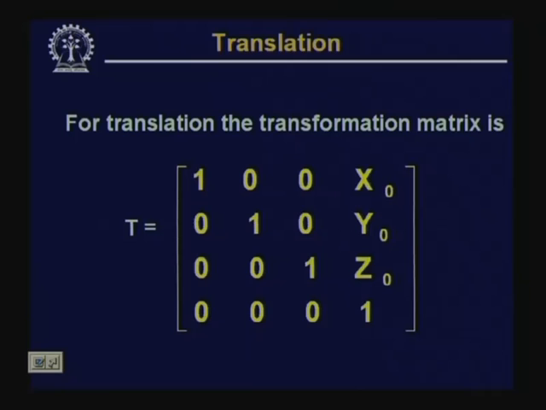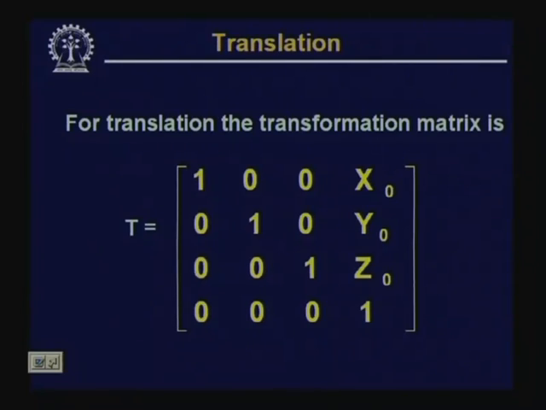This is the transformation matrix which is used for translating a point in 3D by the displacement vector x naught, y naught, z naught.